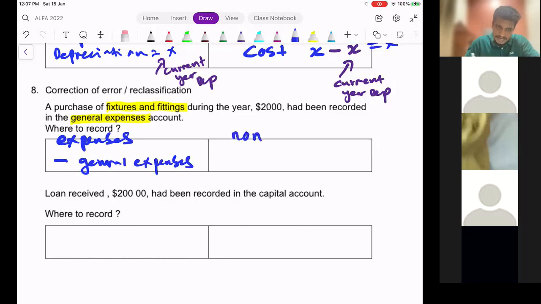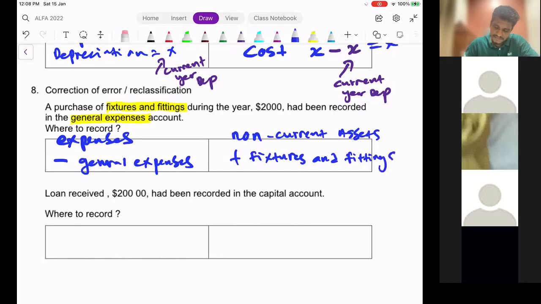Then you go to the non-current asset, plus fixtures and fitting. They mistakenly put it in a wrong account, so you take out and put in the right account. That's it.